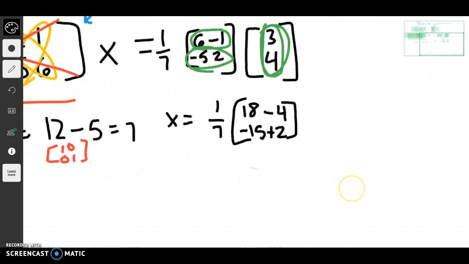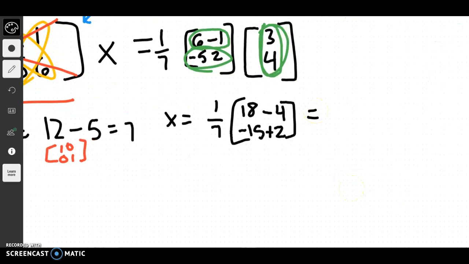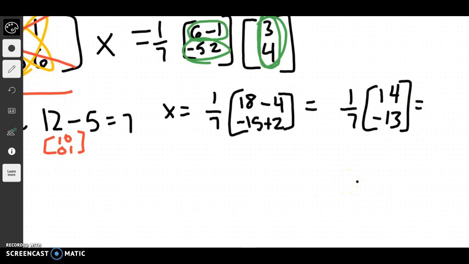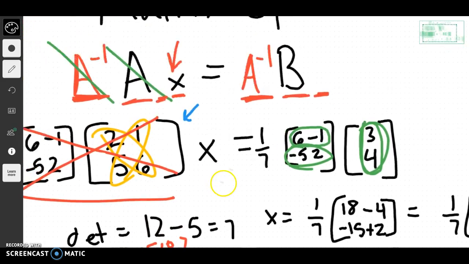Then if we wanted to simplify this down as much as possible, we would say that this equals 1/7 times 14 over -13. And we could even simplify this further and say, well, this is really 2 over -13 over 7. So I know that took a little bit, but hopefully that kind of makes sense.